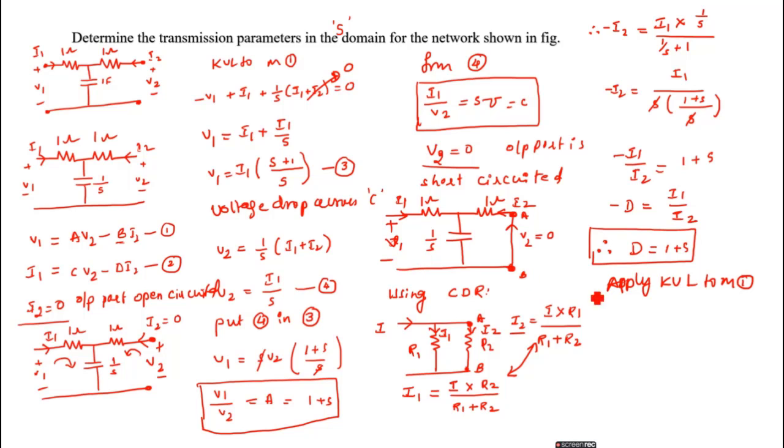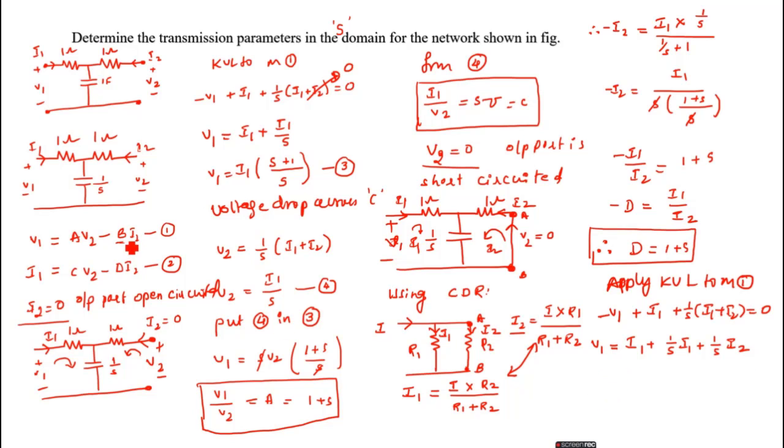You can see here, it is minus V1 plus I1 into R plus total current, in this case now it is I2. Now it is I1, 1 by S into I1 plus I2, that equals 0. In this case, I2 is not equal to 0 here. V2 is 0. Alright, do simplify this. We will get V1 equals I1 plus 1 by S into I1 plus 1 by S into I2.